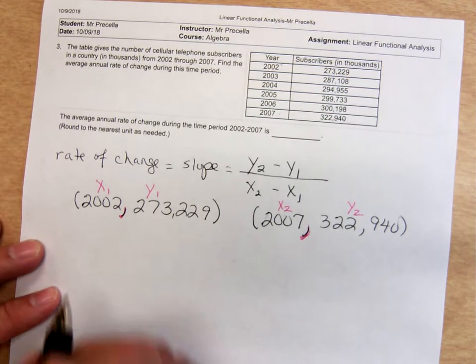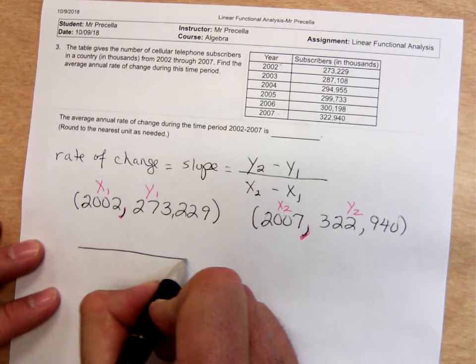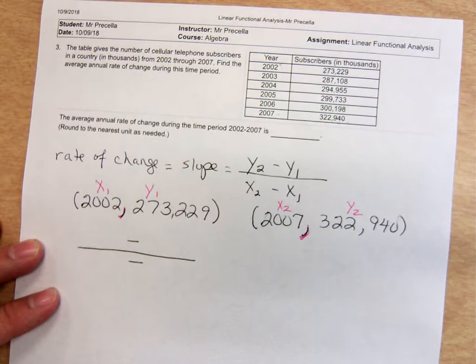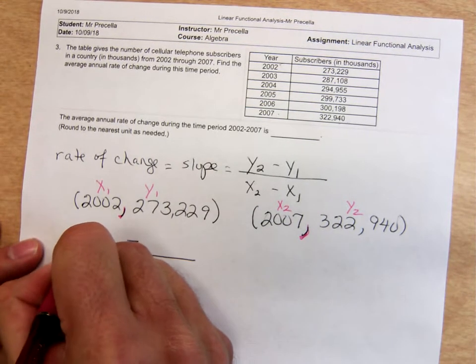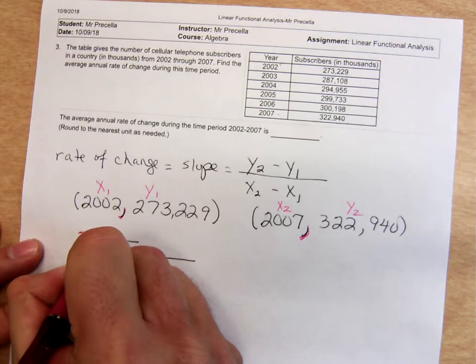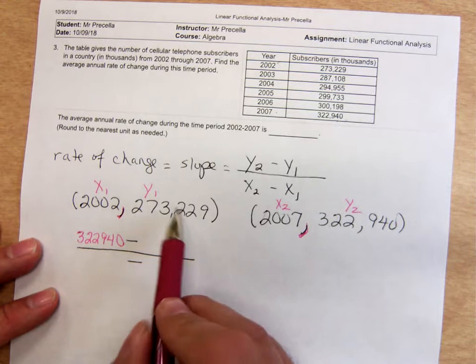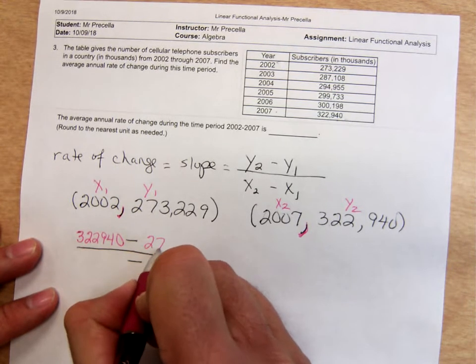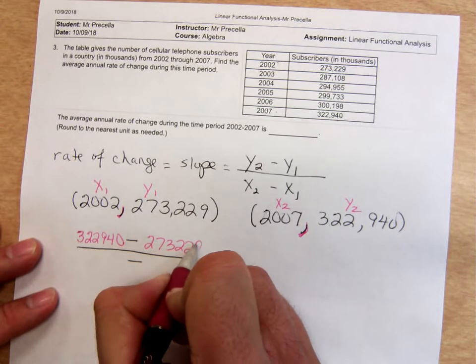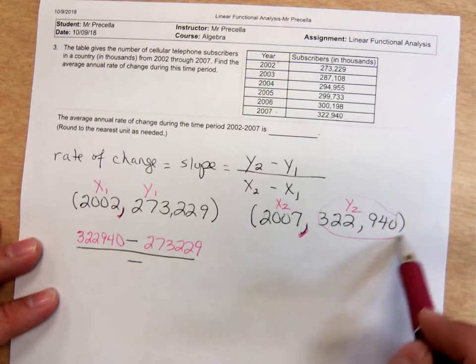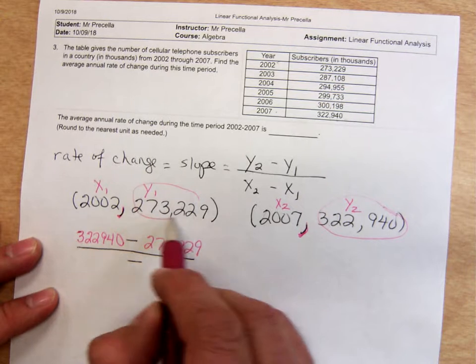Now, I'm going to plug in y2 minus y1. That y2 I'm going to write without any commas: 322,940 minus y1. Again, I'm writing it without those commas. This is y2. This is y1.